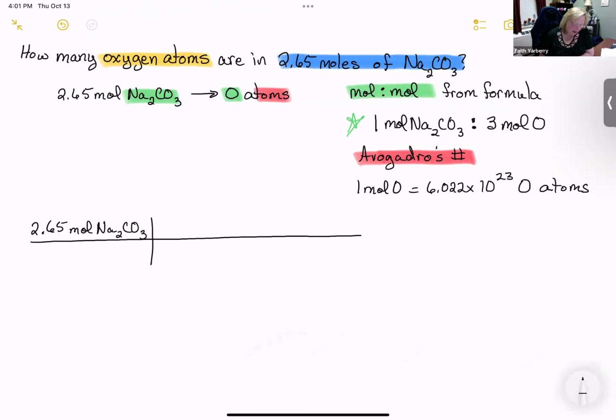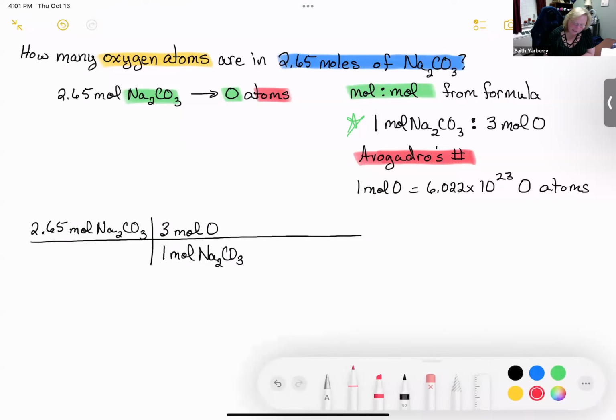Now, I have the moles of sodium carbonate in the numerator. So in order for it to cancel out, I will need to place the moles of sodium carbonate in the denominator and the other portion of the mole to mole ratio into the numerator.